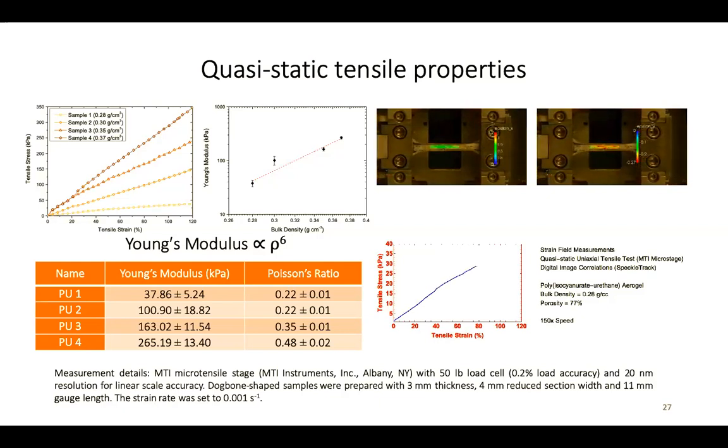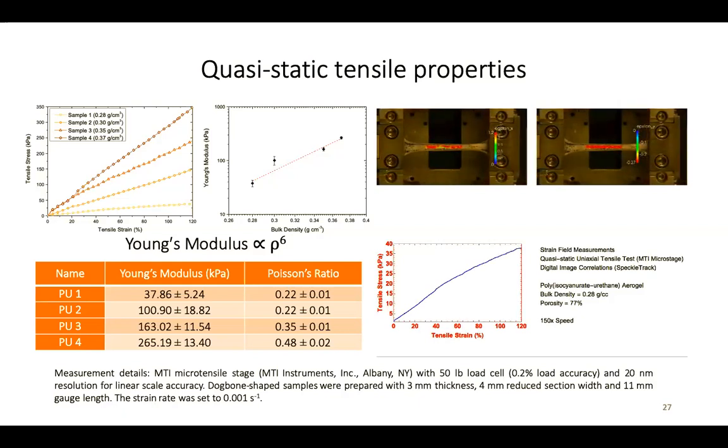We measure the strain field, the strain along X and the strain along Y, and at the same time we can see we have a high degree of stretchability for this sample. We reached 120% tensile strain. This setup has limitations. I think we can go even further.